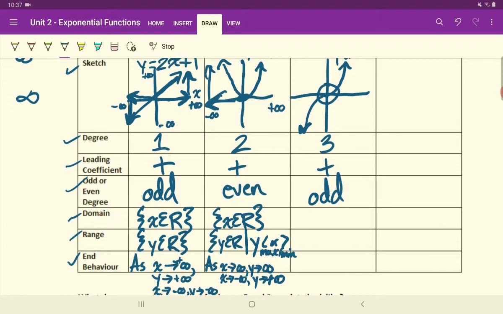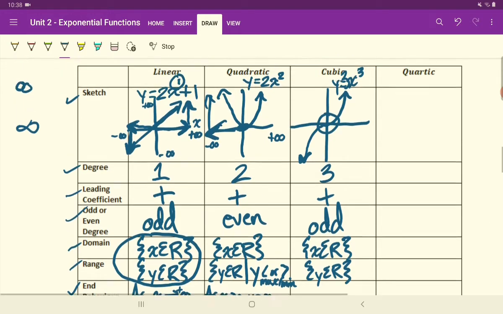And you're going to see a pattern that all odd degree polynomial functions, so 1, 3, 5, 7, 9, are all going to have domains and ranges where x is an element of real numbers and y is an element of real numbers. Because they're going to have opposing end behaviors and go on forever in both directions. So x ∈ R, y ∈ R. And this would be true for all odd degree polynomial functions.